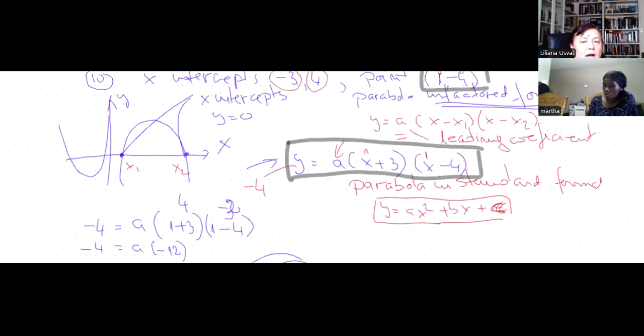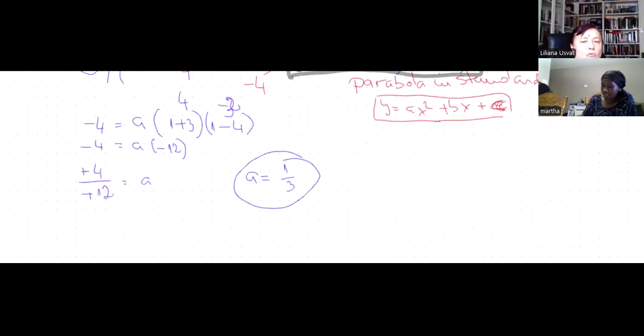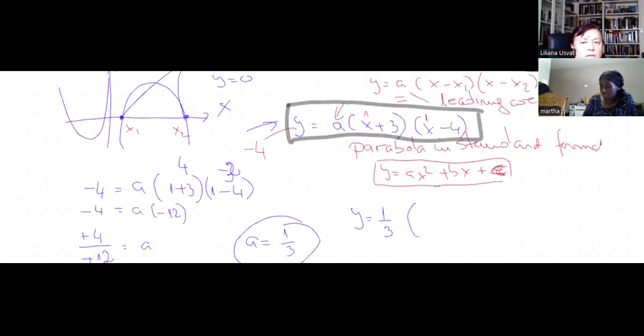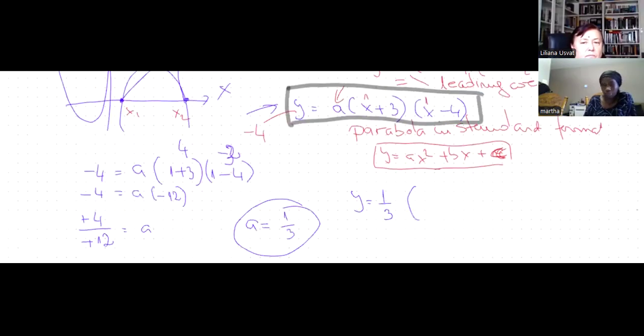So y equals 1/3 times (x plus 3) times (x minus 4). It's clear so far? Yeah. Okay.